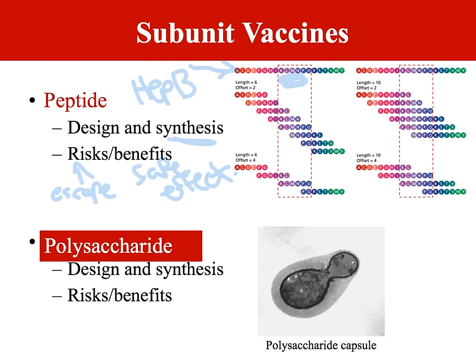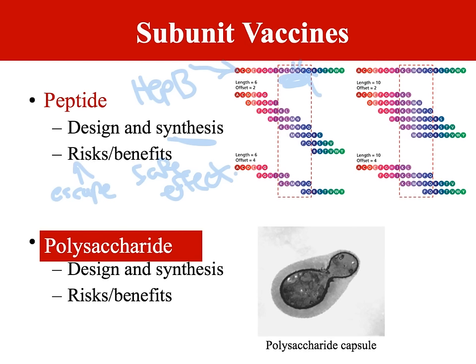But it is quite possible that if you have an infectious agent that evolves quickly and you're only making antibodies to this epitope right here, if you get one or two changes in there, you're going to have a strain that escapes your vaccine. So escape is a big risk, but with the one that we use the most right now, it hasn't happened yet in about 20 years or so. So that's pretty promising.